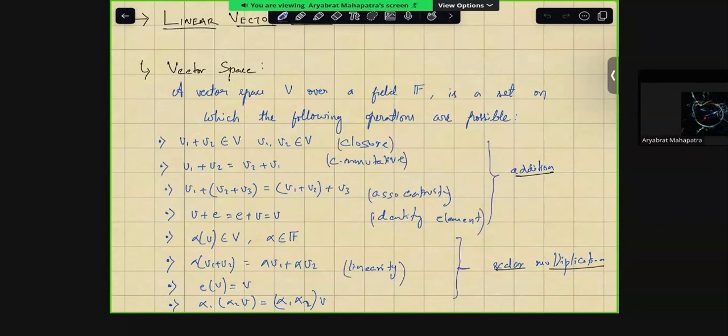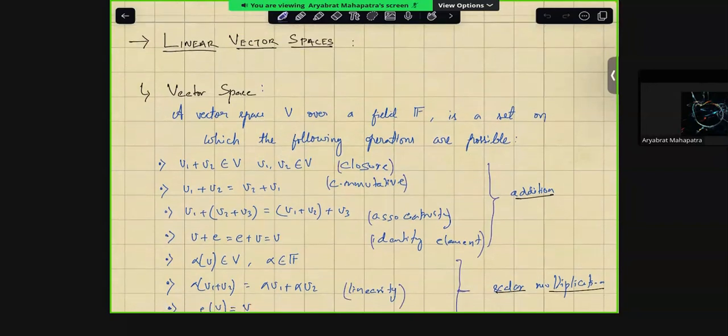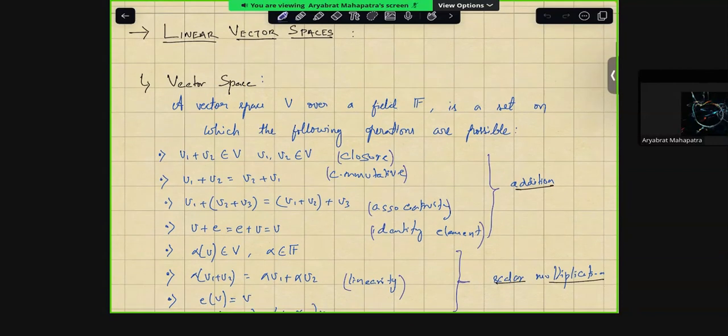So linear vector spaces, the first topic that was introduced, ran for almost 2 or 3 weeks. This was the primary focus of this mathematical methods one course, and it includes a lot of important subtopics.